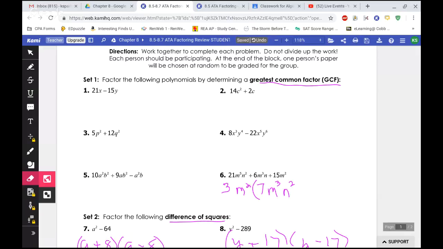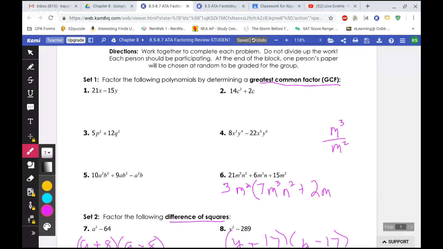6 divided by 3 is 2. And then I've got m cubed divided by m squared. What would that be? Just m.